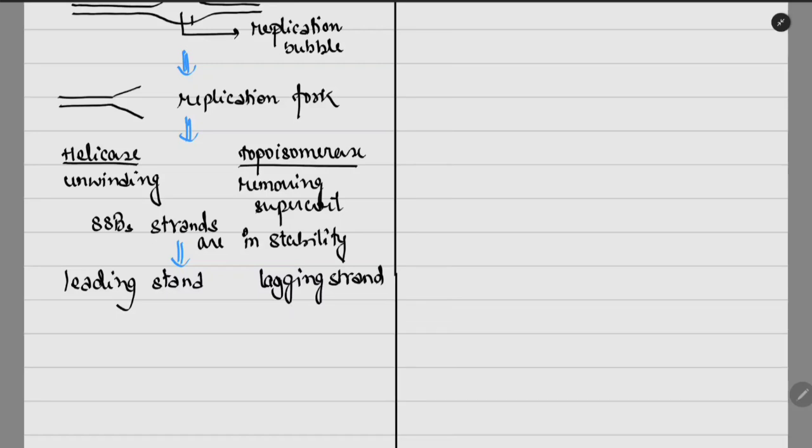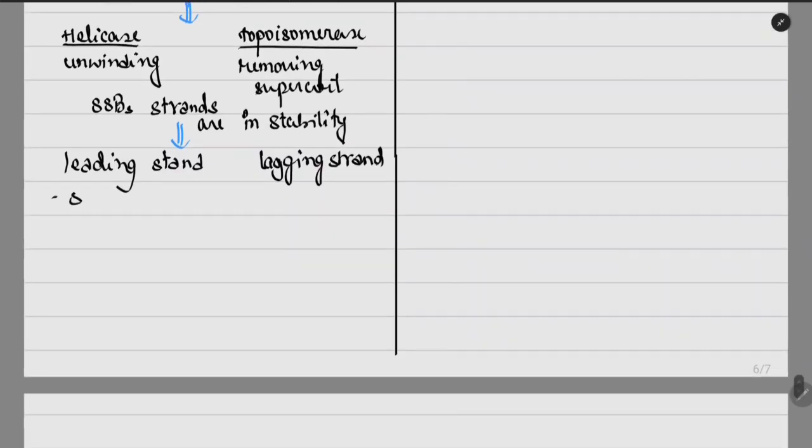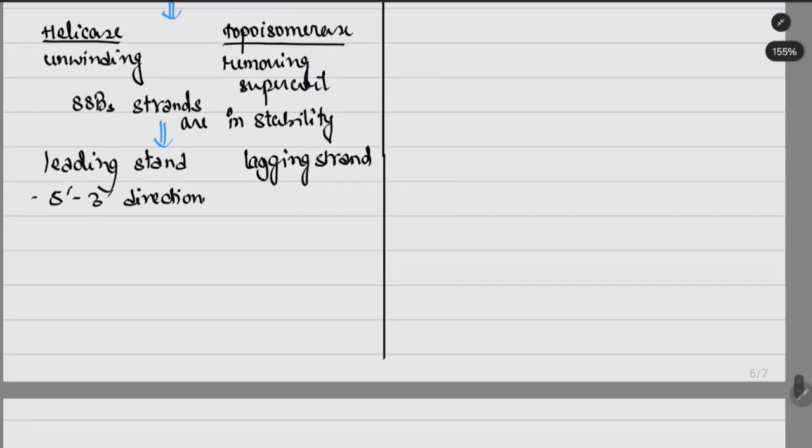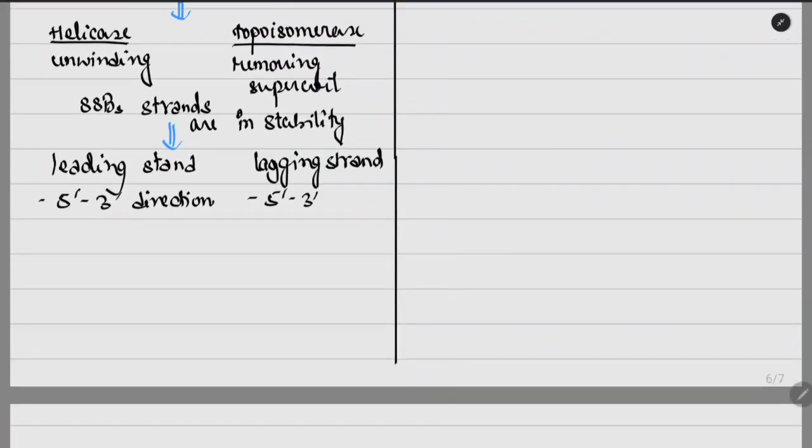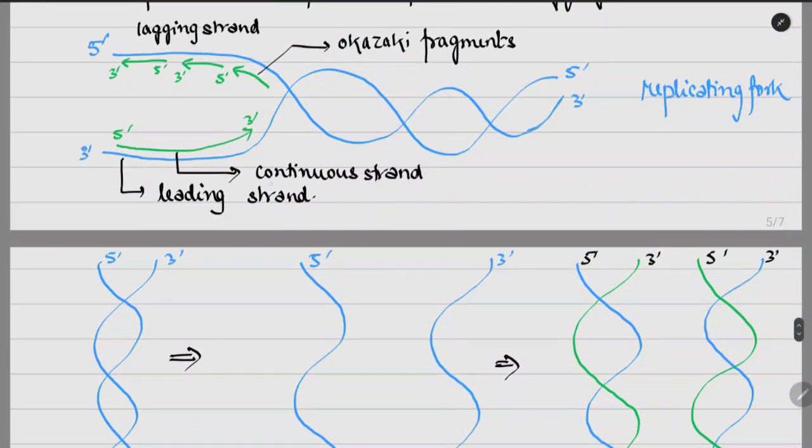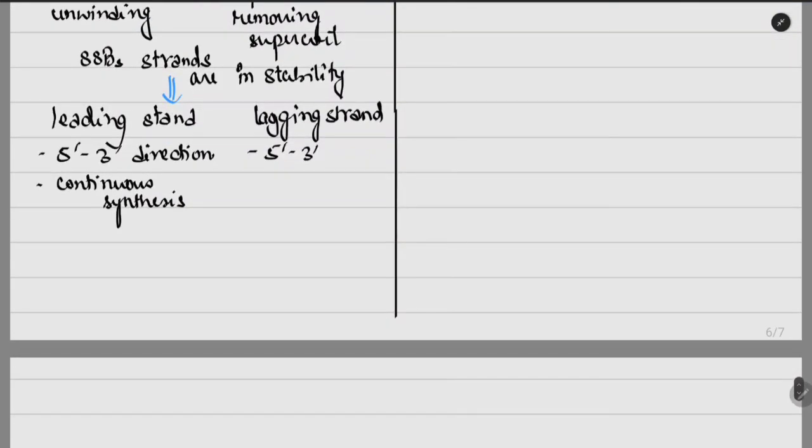The leading strand is in the 5' to 3' direction, and this is also 5' to 3' direction, but the change here is that continuous synthesis of the DNA takes place. As I said earlier, here there is continuous synthesis, and here it is discontinuous. Here no Okazaki fragment.